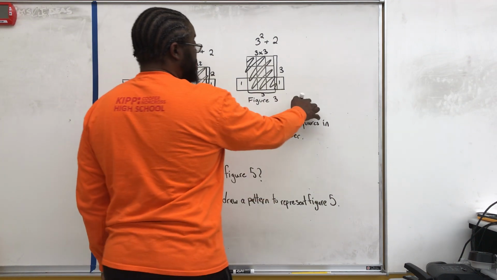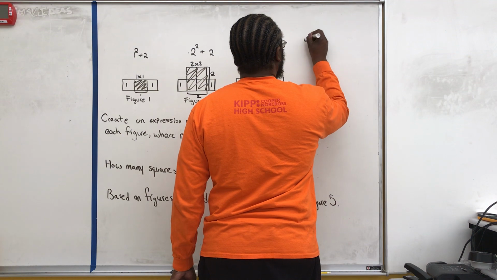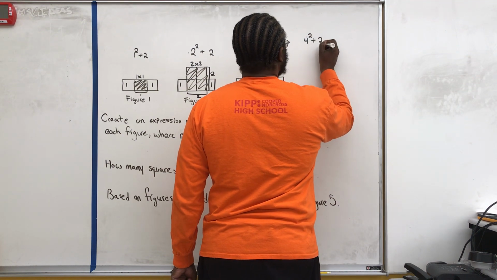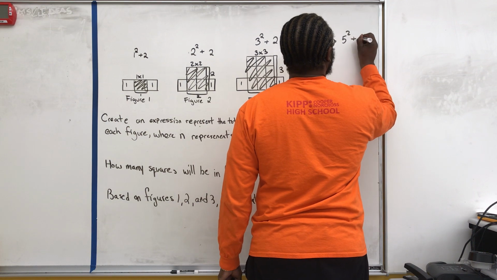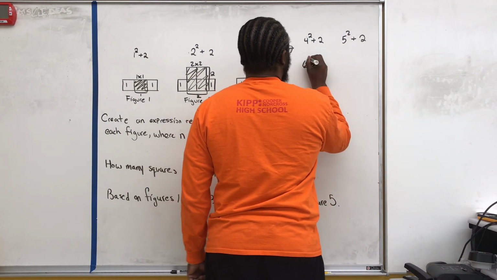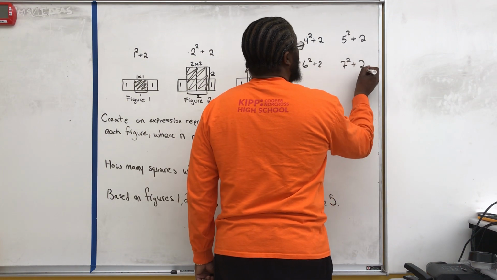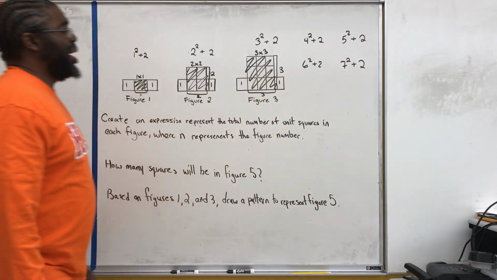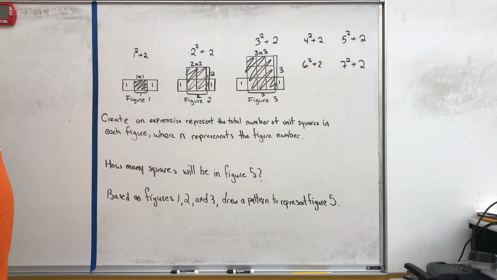So the next one should be 4 squared plus 2. And the next one should be 5 squared plus 2. Right? And then 6 squared plus 2, and then 7 squared plus 2. It looks like I keep going up by a number of figures, squared plus 2.